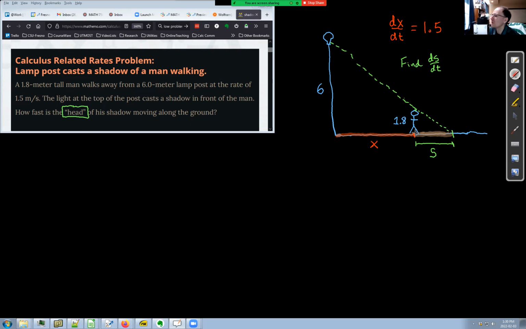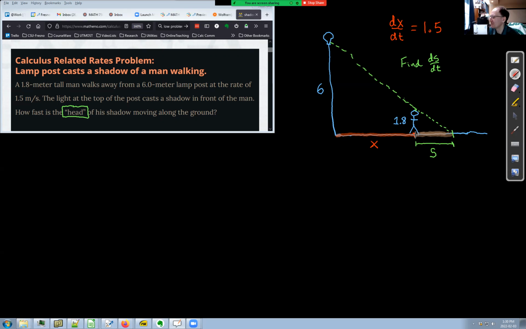And the answer is no, because if I'm interested in the length of the shadow, then the man is moving. In some sense, both sides are changing, because the man is moving and the head of the shadow is moving.